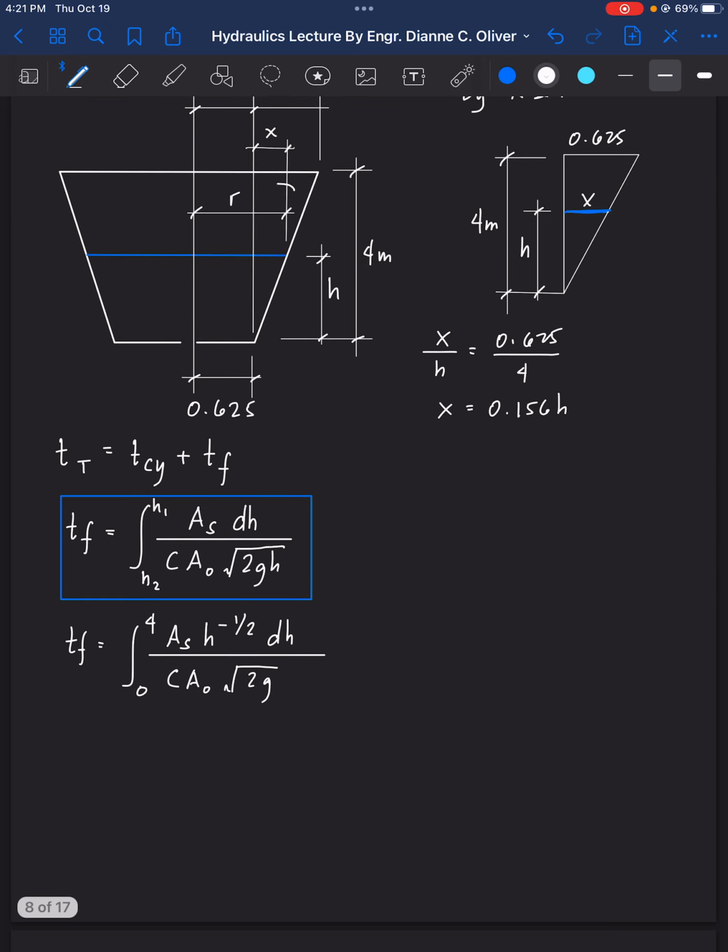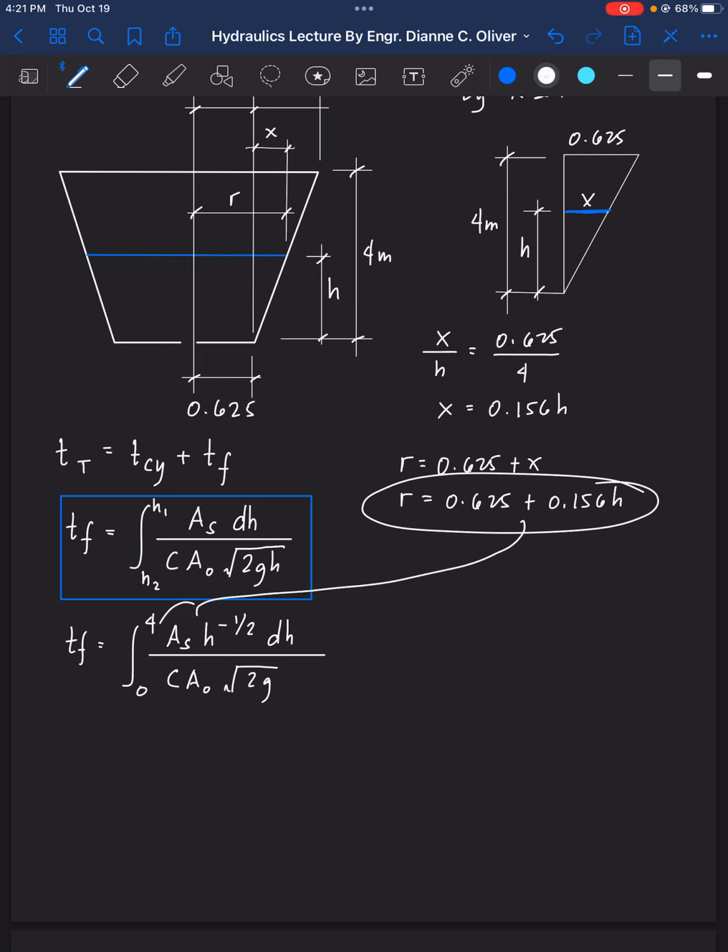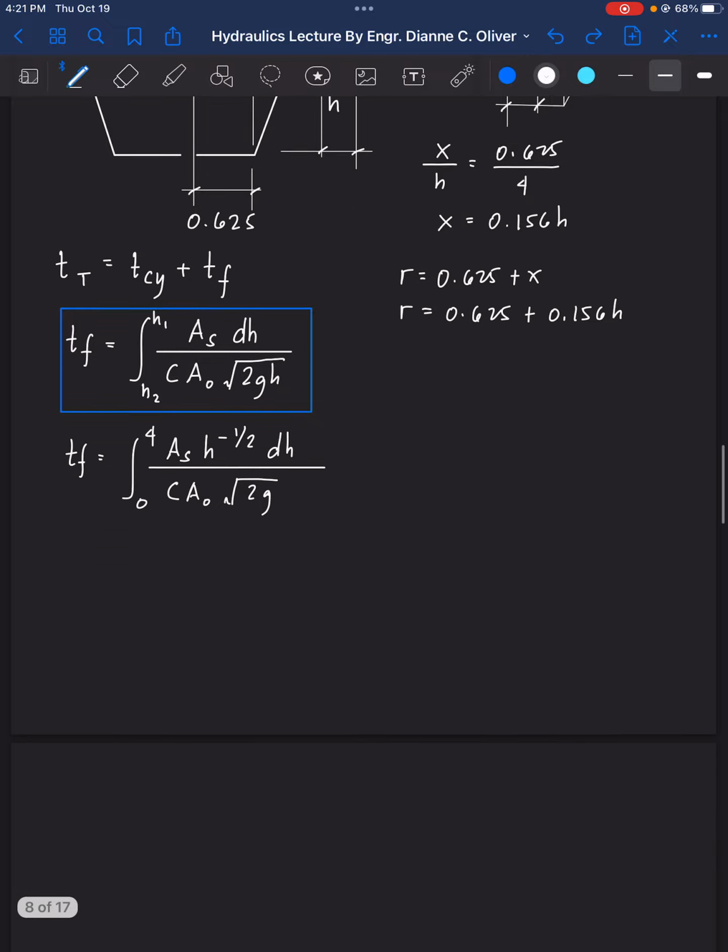Therefore our r is equal to 0.625 plus 0.156h. So we now have r in terms of h, and we can use this in our formula. Finally, we can integrate this one.